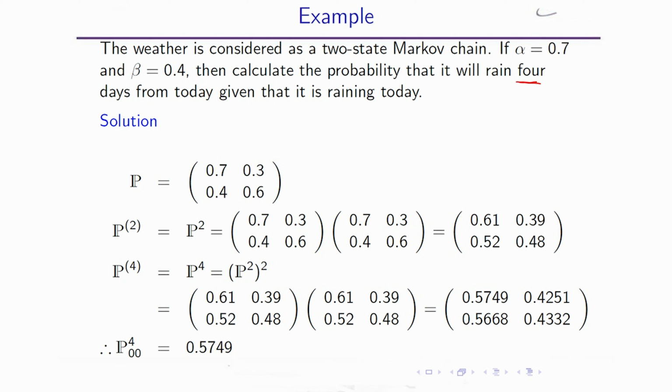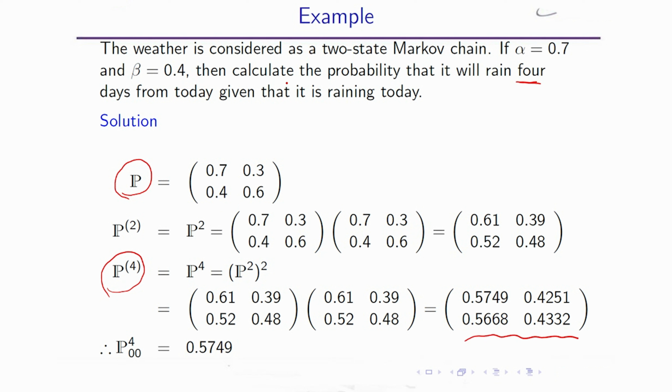And based on the one-step transition probability matrix, which we have already known, the four-step transition probability matrix will be equal to the one-step transition probability matrix to the power of 4. Okay? So you multiply this transition probability matrix 4 times. Okay? So that will be the result.